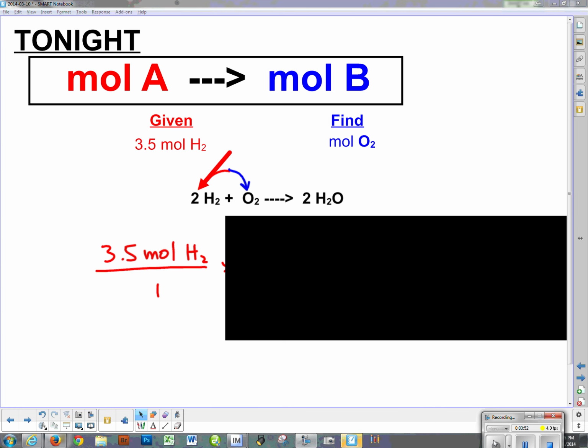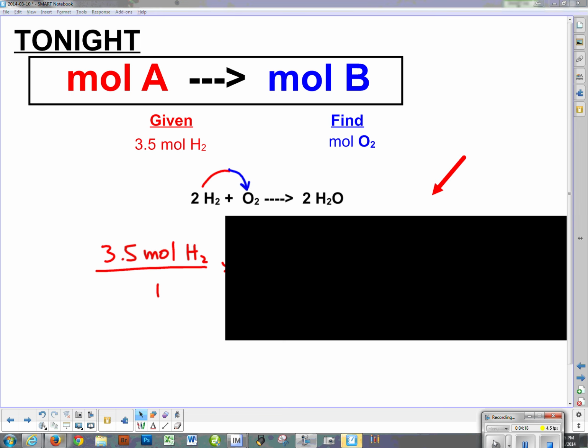What is the coefficient of hydrogen? Okay, you want to amend that? Yes, 2 moles of hydrogen on the bottom, and what's on the top? Okay, there you go. Yeah, you got there.